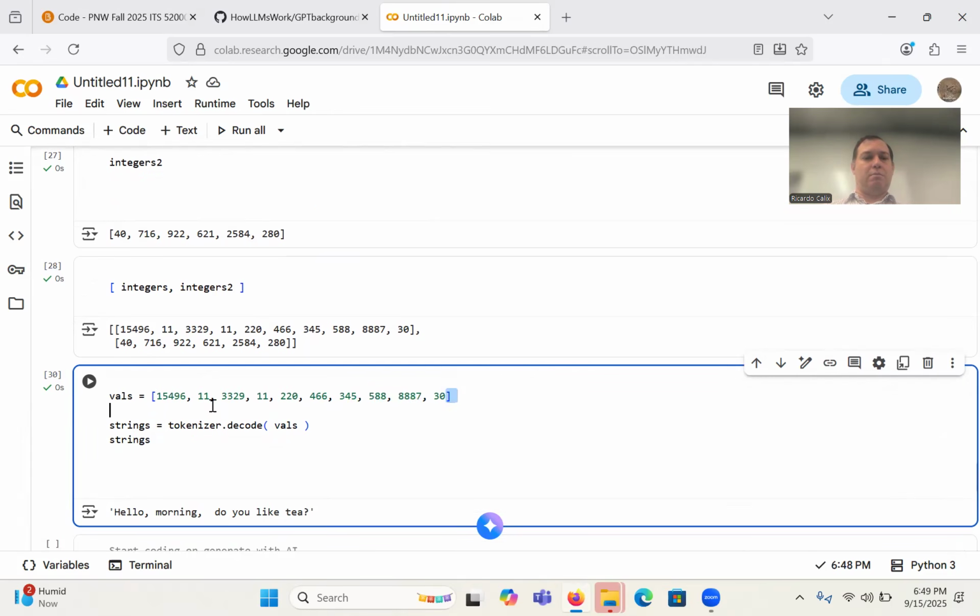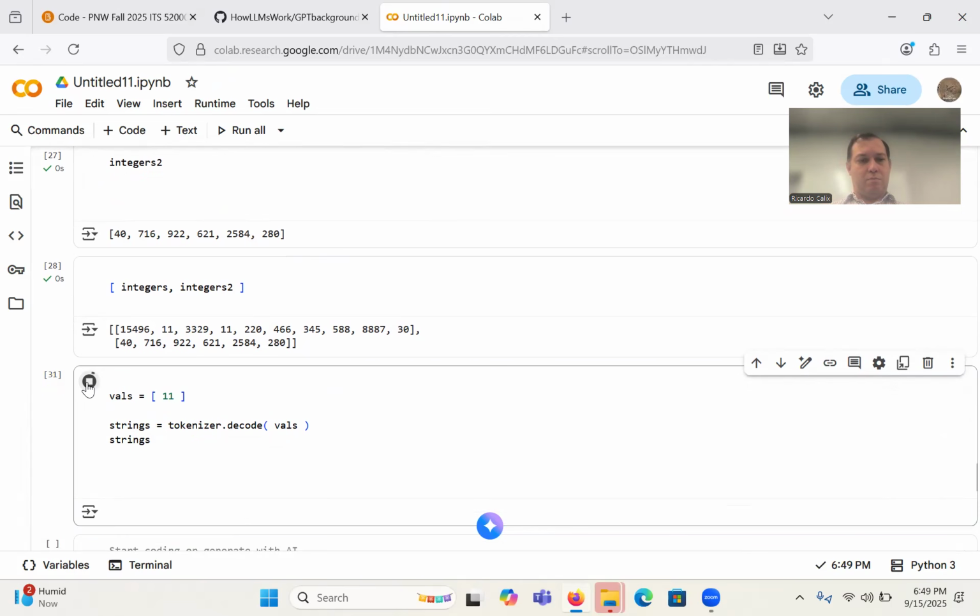Let's try. Do you guys see that? So that's exactly what is happening. It's just like a dictionary, right? So we all know about dictionaries, but you can see the comma was given the value 11. Why?